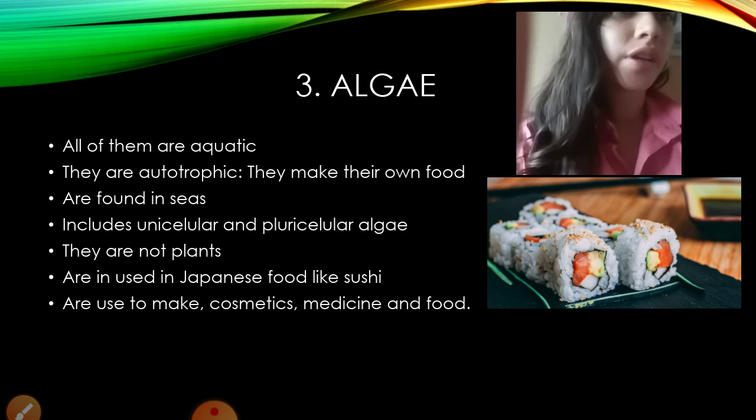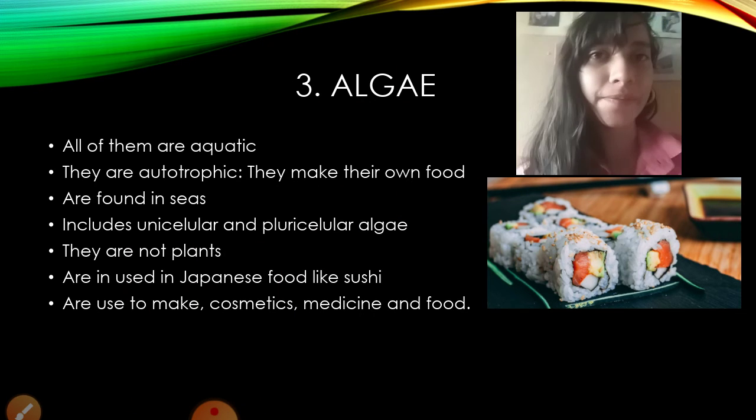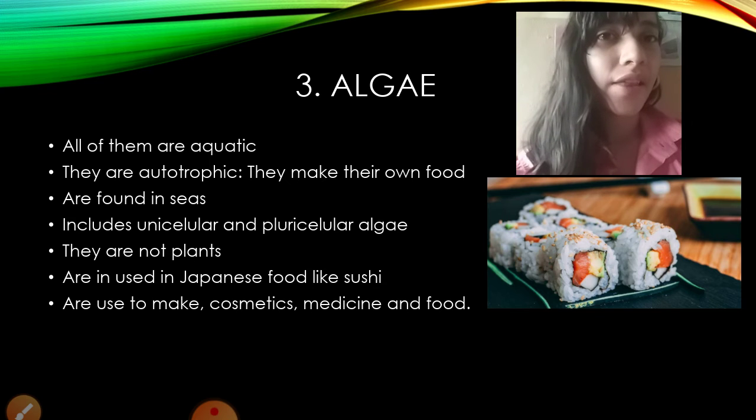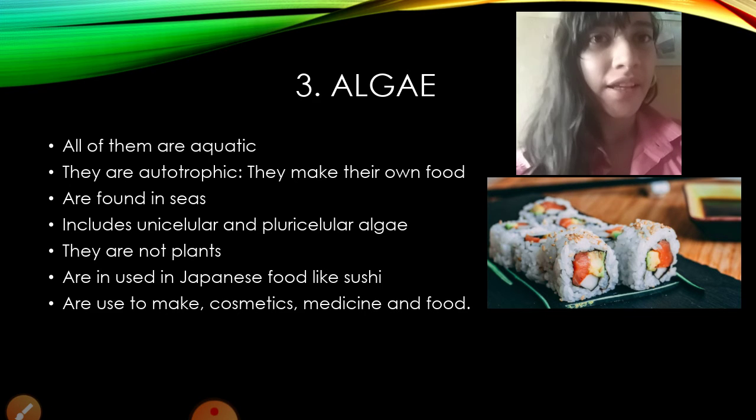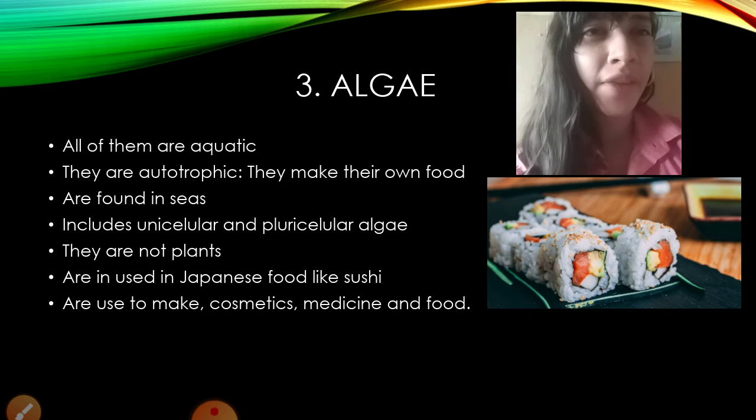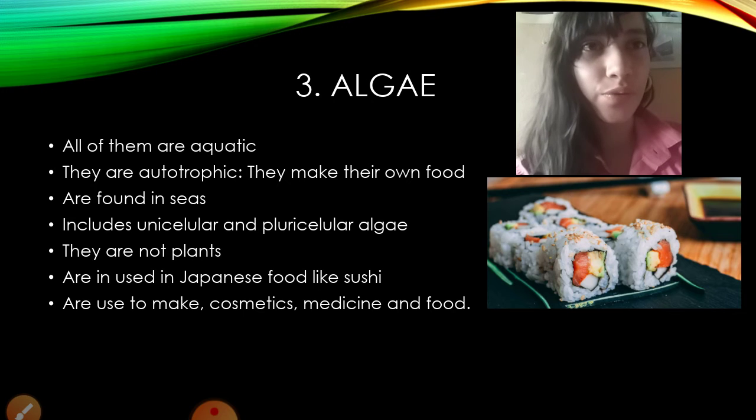Now, number 3, algae. All of them are aquatic. That means that they live only in water. They are autotrophic. Do you know what autotrophic is? It means that they make their own food. They don't need to eat other food.